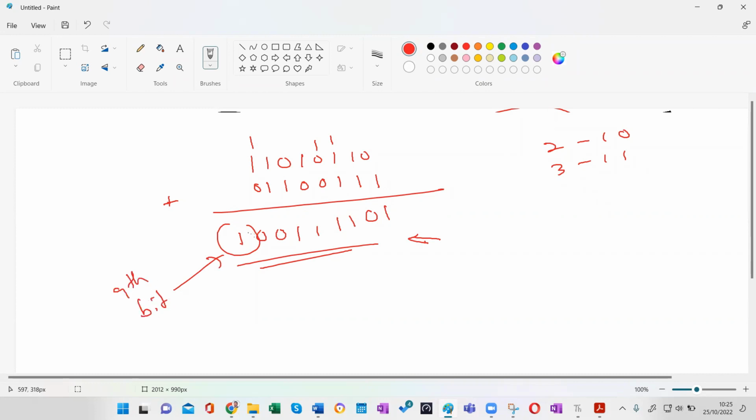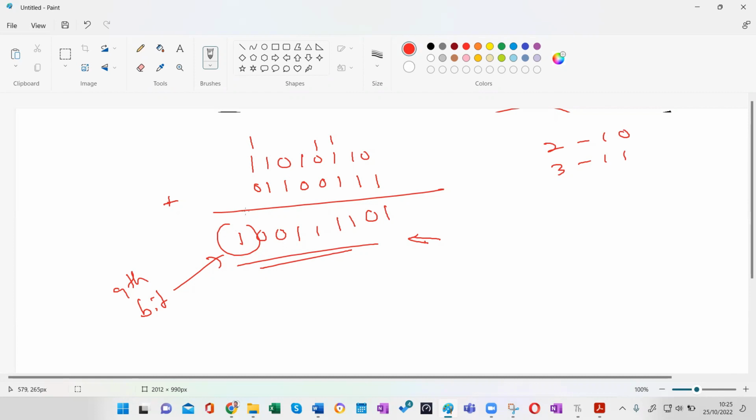Okay. Now imagine we have designed a system to work with only 8-bit numbers, only 8 bits, but the register that we have made is only capable of keeping 8 bits. What will happen? Where is it going to keep the 9th bit in this result? There's no place.